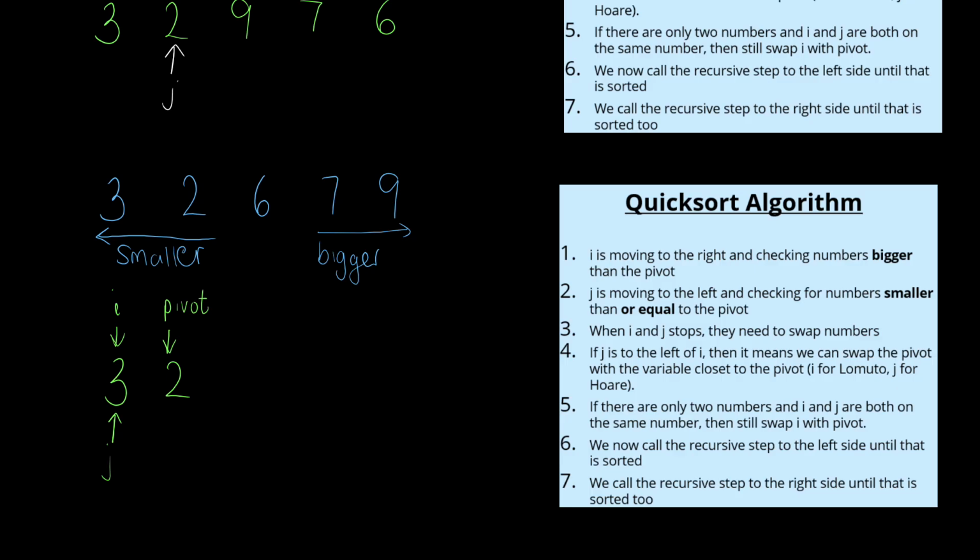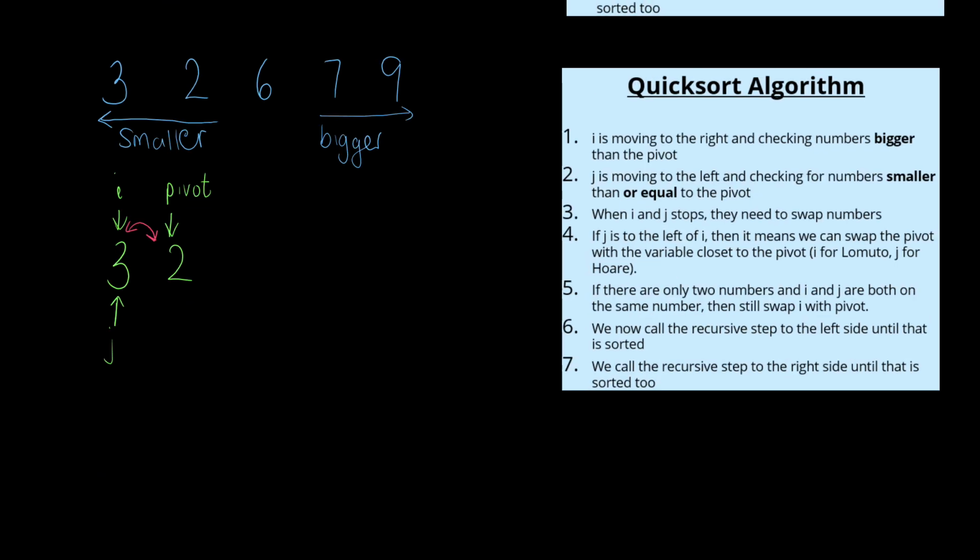So now we have the situation where I and J are both on the same number. This normally would happen when there's only 2 numbers. So then we will swap I with the pivot. We will swap 2 and 3. So we would have 2, 3.